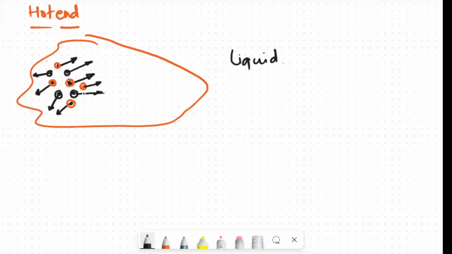In case of the liquids, the intermolecular distance is more as compared to the solids. So in liquids, the heat conduction will take place because of the molecular collision.